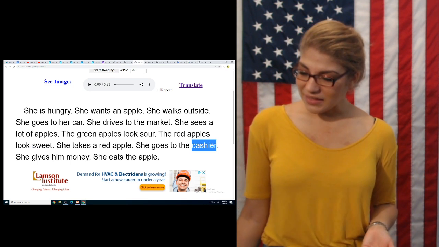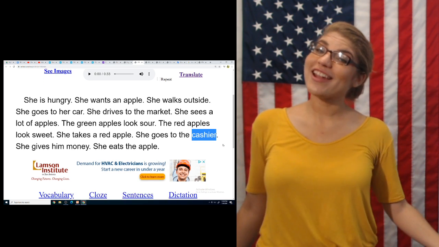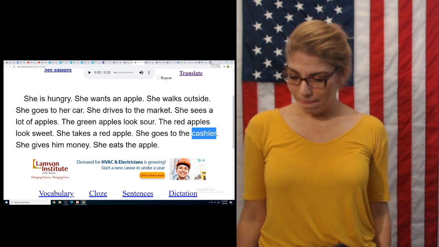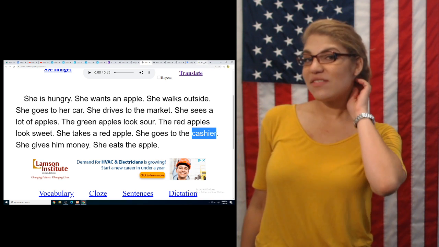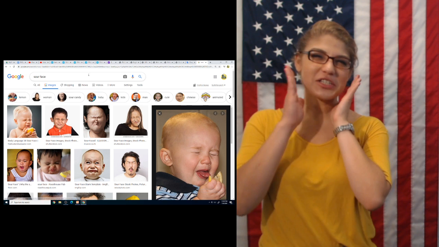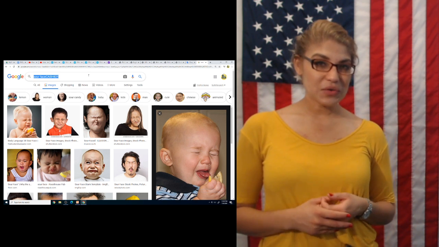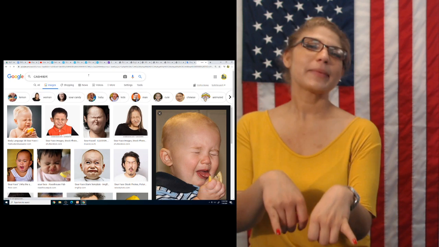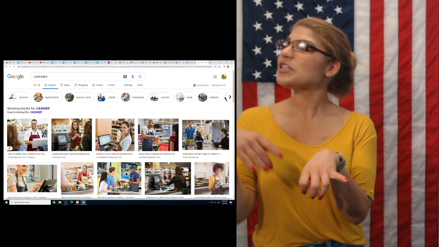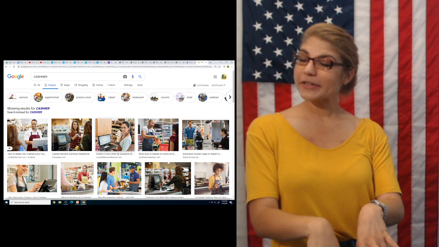Emel has asked, what is cashier? Cashier is an excellent word. When you go to the grocery store, Miss Evie, will you look up cashier? She's so perfect. When you go to the grocery store, you take your little cart and you go shopping. And you pick the things. And then you put them in your little cart.